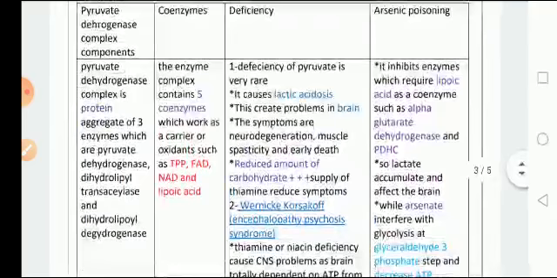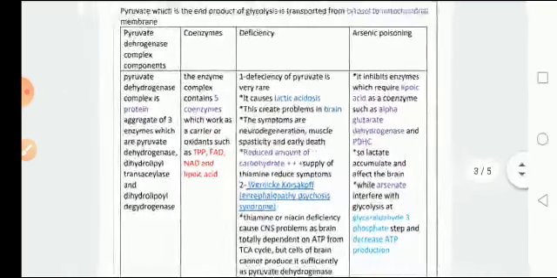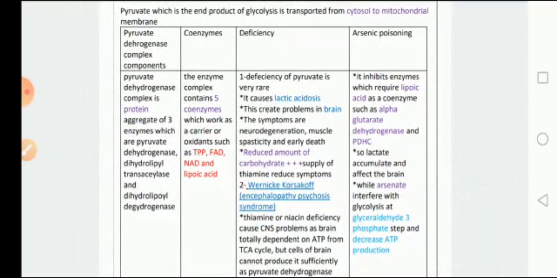Then we have something known as arsenic poisoning, which we have discussed in the previous lecture, but we are going to go through it briefly again. It inhibits enzymes which require lipoic acid as a coenzyme. I have just said that enzyme number 2 requires lipoic acid.